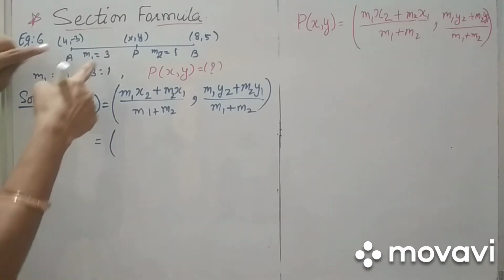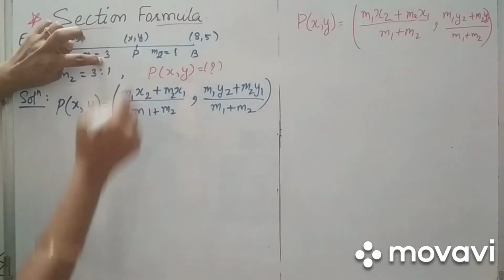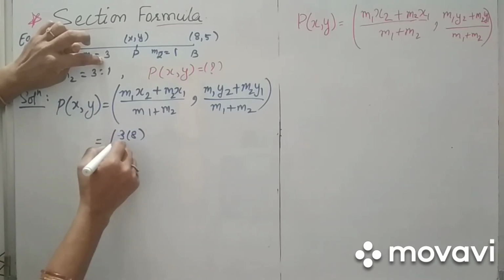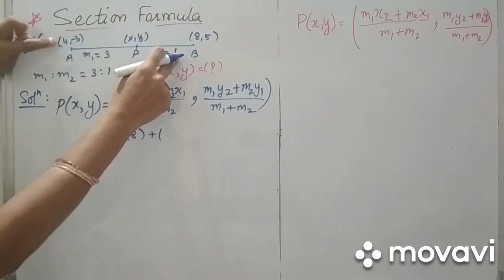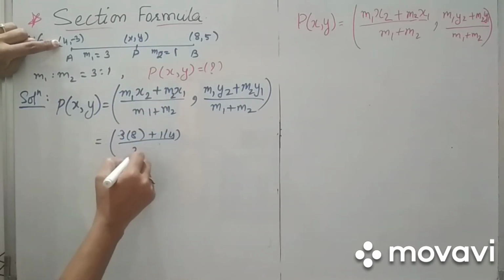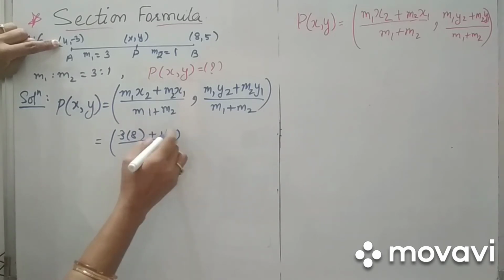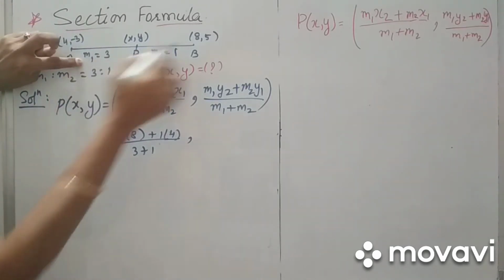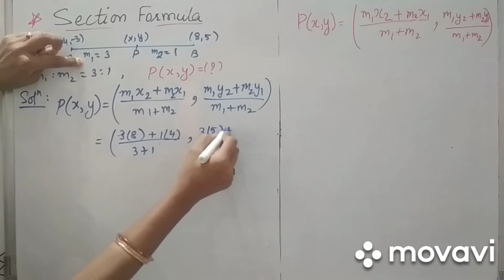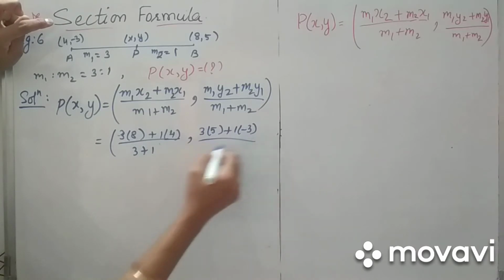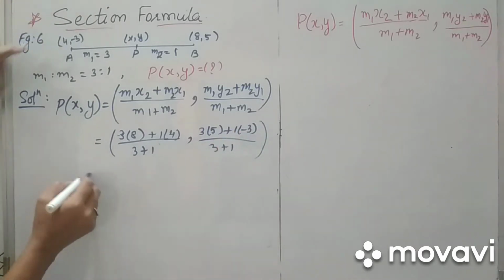So let's do it. 3 into 8, I am writing in brackets, plus 1 into 4 upon 3 plus 1, comma, same way for the y coordinate also, 3 into 5 plus 1 into minus 3, whole upon 3 plus 1, bracket over.